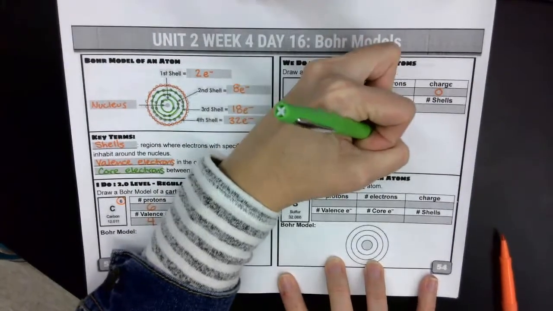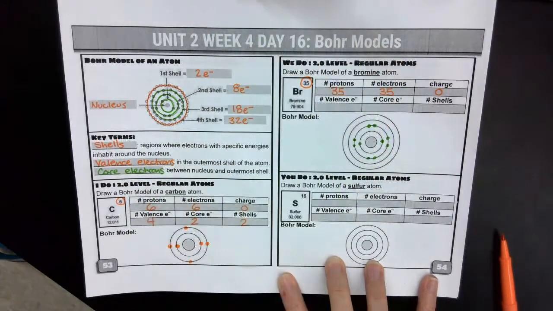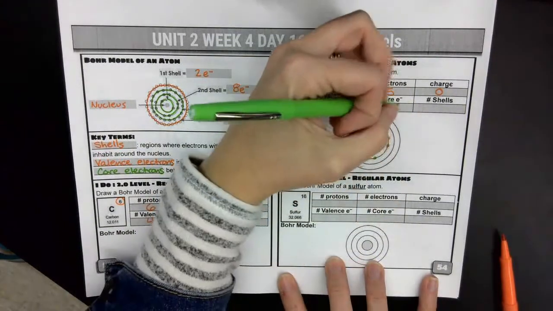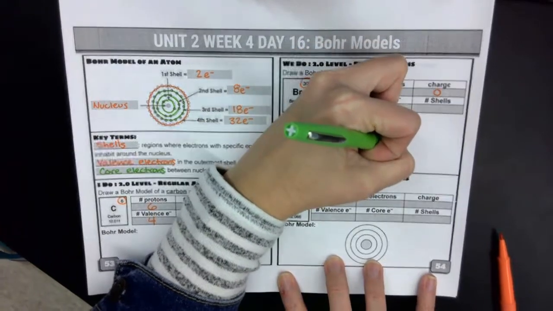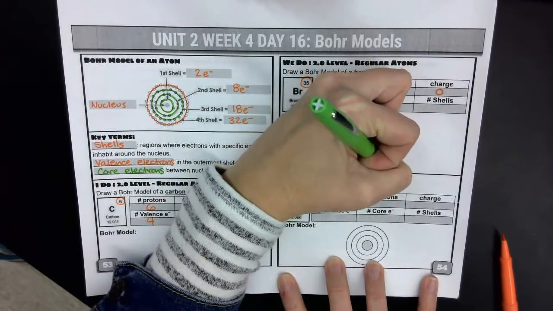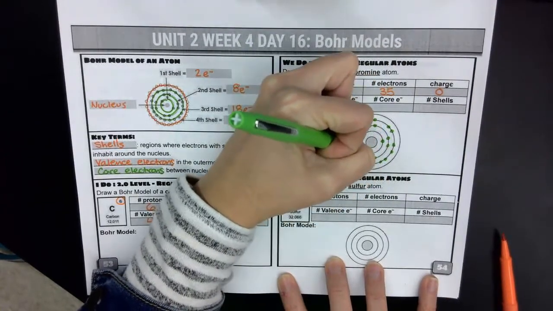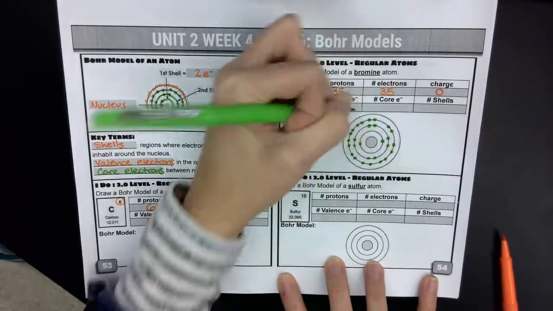1, 2, 3, 4, 5, 6, 7, 8. So I've drawn 10 total electrons so far. The next circle can hold 18. So 1, 2, 3, 4, 5, 6, 7, 8, 9, 10, 11, 12, 13, 14, 15, 16, 17, 18.